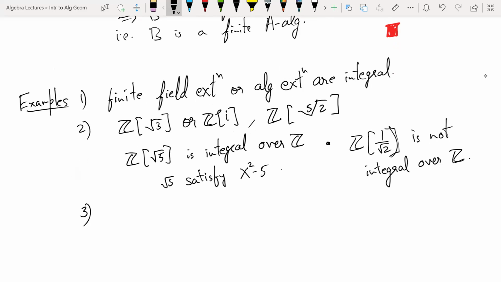So localization and integral are sort of orthogonal in some sense. If you are inverting something, it's less likely to be integral.